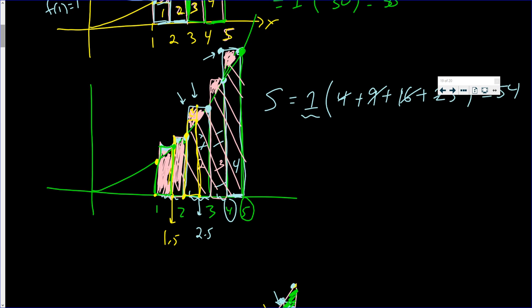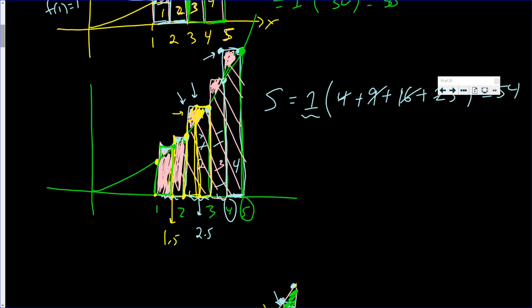So my error, my overestimate, got smaller. Now, between 2.5 and 3, I'm still going to count my overestimate. But on the left where I have the dots, I'm not counting it anymore.